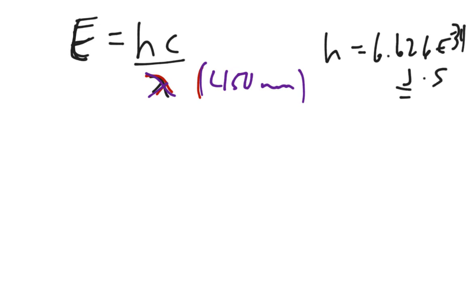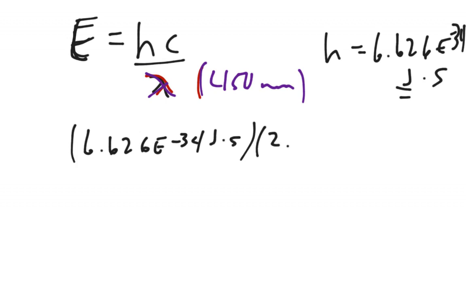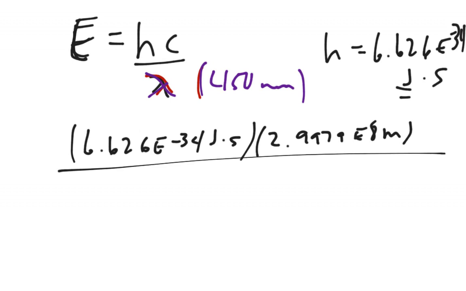Remember, joules is a unit of energy. So I would go 6.626 e to the negative 34 joule seconds times the speed of light, 2.9979 e to the 8th meters per second, over 450, and that's nanometers, so I'm going to change it to meters by e to the negative 9 meters.